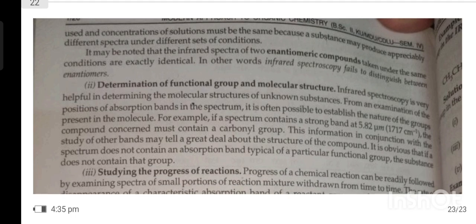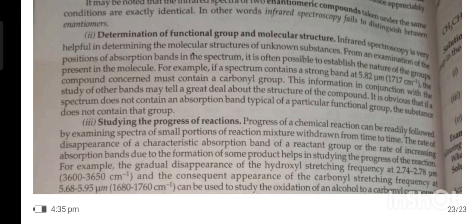For example, if a spectrum contains a strong band at 5.82 micrometer, the compound concerned must contain a carbonyl group. This information in conjunction with the study of other bands may tell a great deal about the structure of a compound. It is obvious that if a spectrum does not contain an absorption band typical of a particular functional group, the substance does not contain the group.